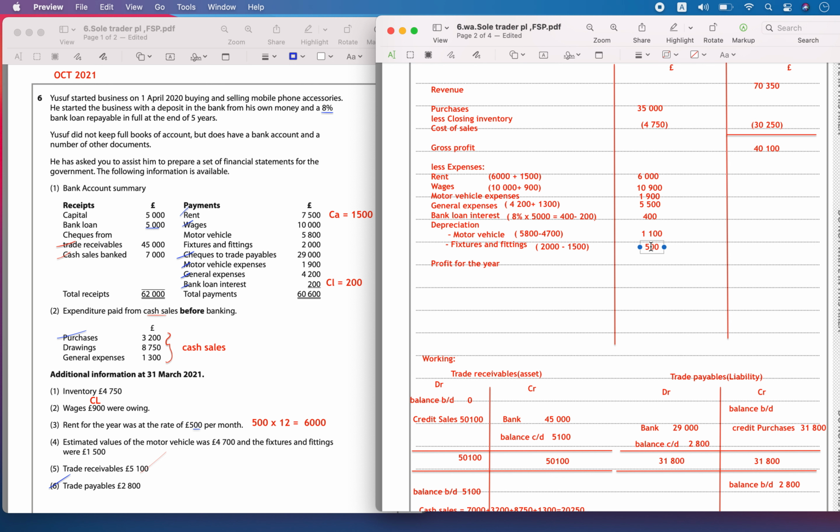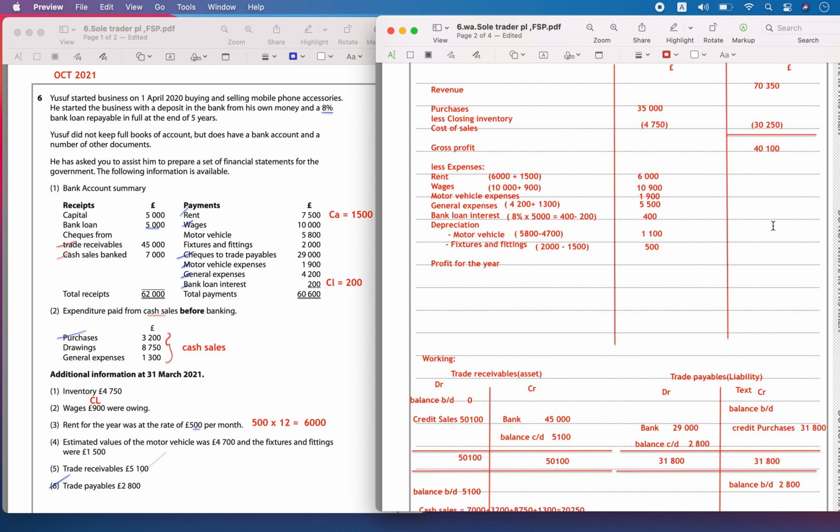Now let's add up all the expenses for the year. So it is 6,000 plus 10,900 plus 1,900 plus 5,500 plus 400 plus 1,100 plus 500.